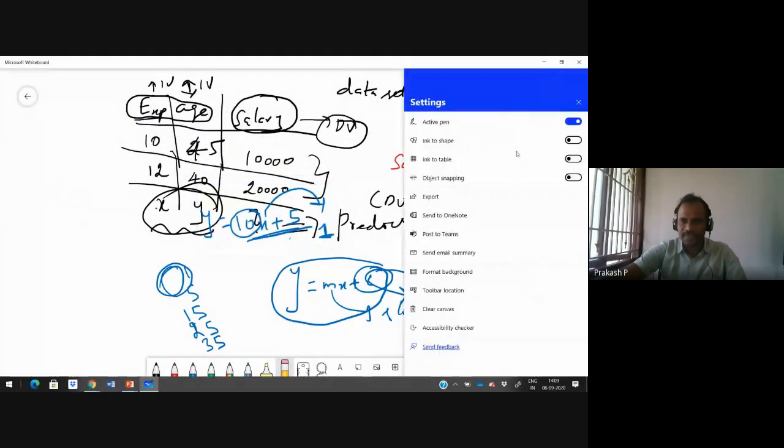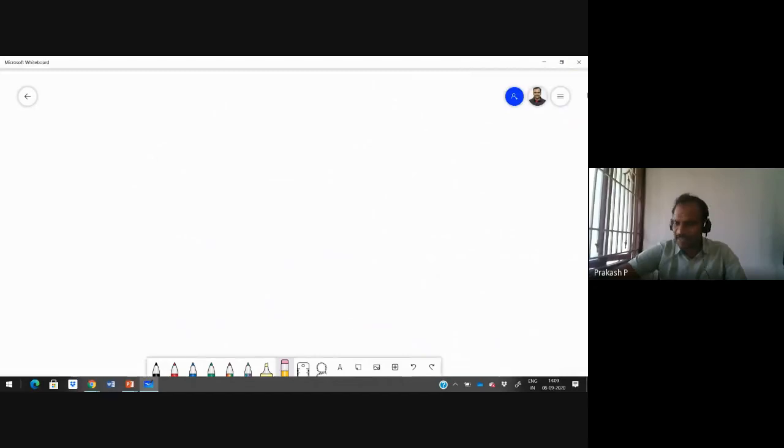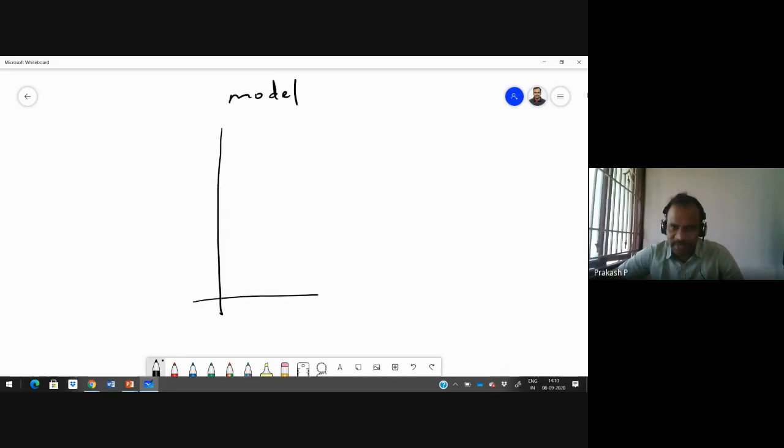The next is, in this we are going to build our model. For example, assume we have data like this. This is called experience. This is called salary, right?